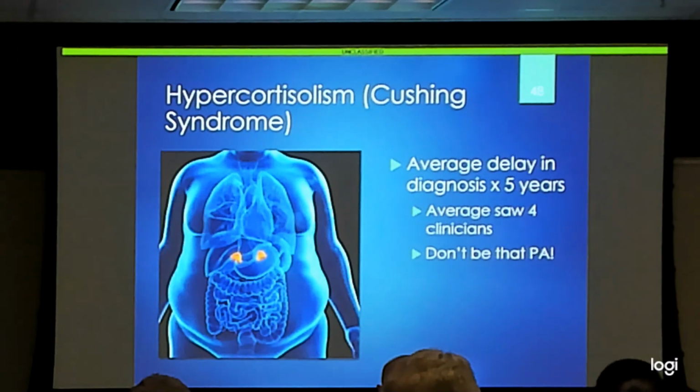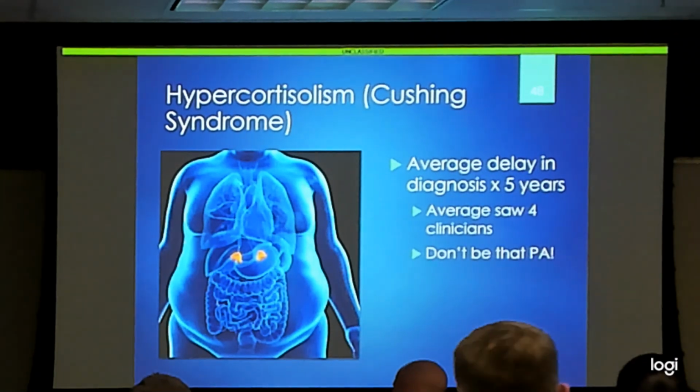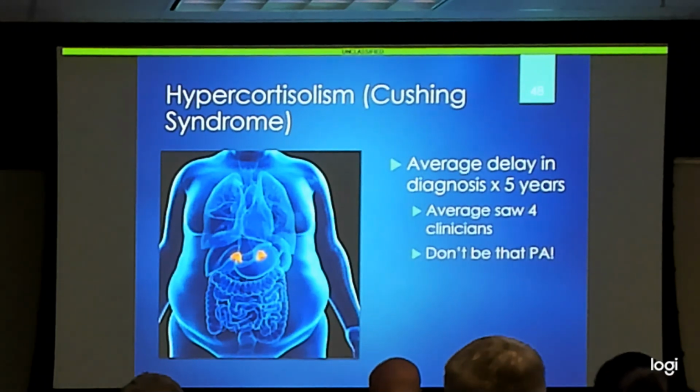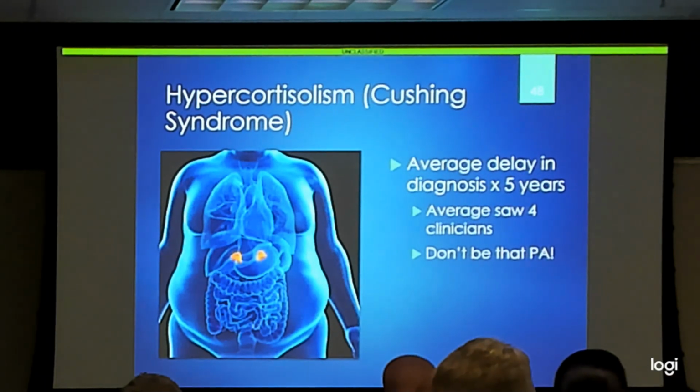So again, don't be the person who's delaying the diagnosis saying, you're just fat, lose some weight, get a job, I don't know, whatever they're saying. So don't be that person. The average patient saw 4 clinicians and finally got to the right diagnosis. Be that clinician. Or maybe they're stuck with you and they only see you. Don't do that. All right.